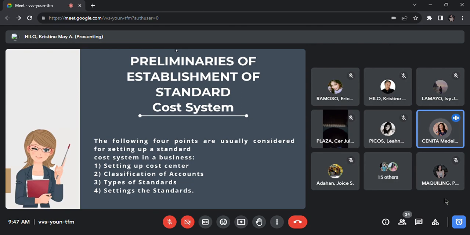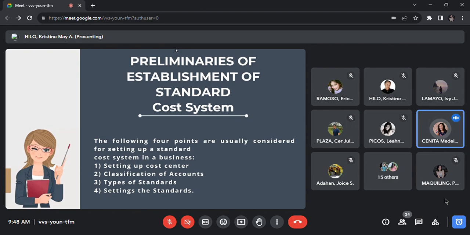Setting of cost center. A cost center manager is only responsible for keeping costs in line with the budget and does not bear any responsibility regarding revenue or investment decisions. Second, classification of accounts as inventory, investment, plant and machinery, goods, and so on. Third, types of standard.